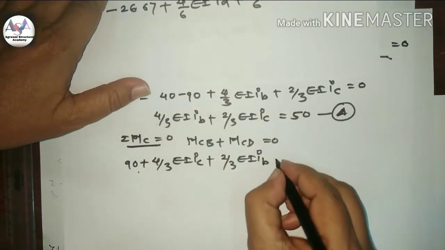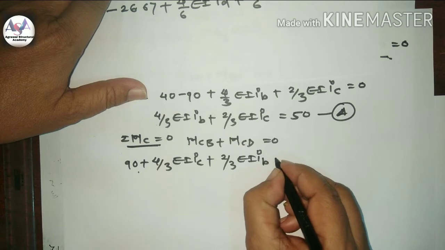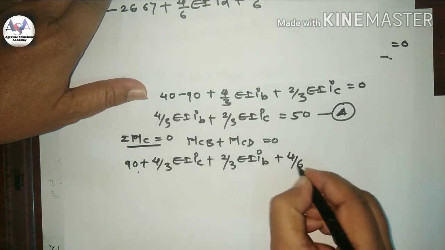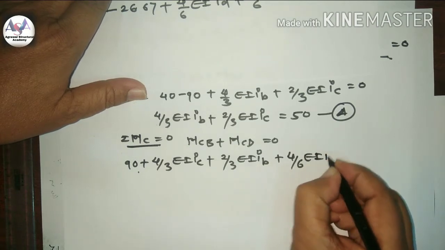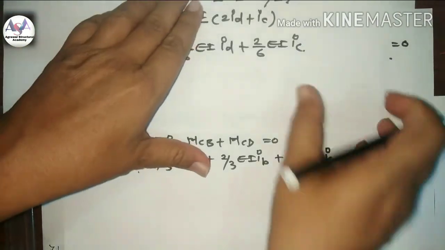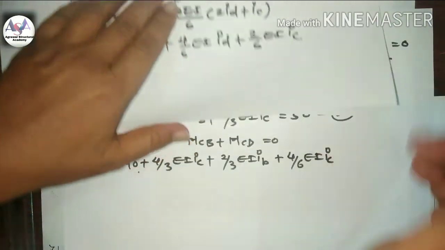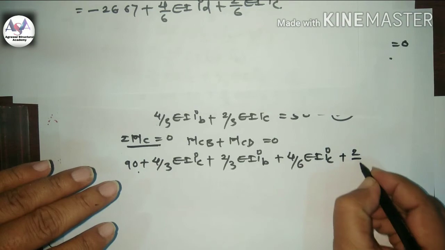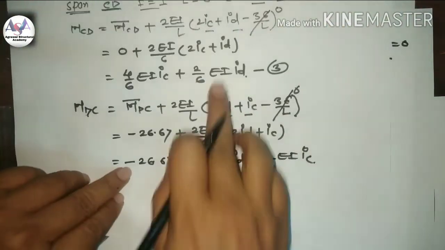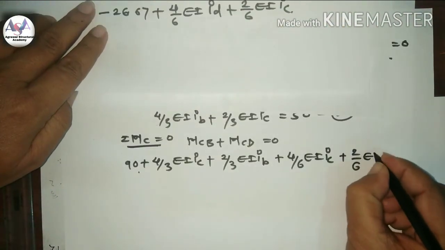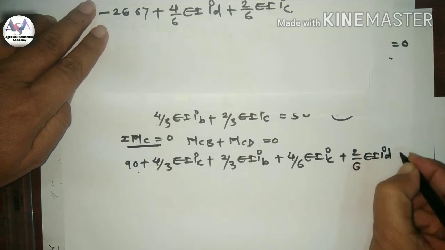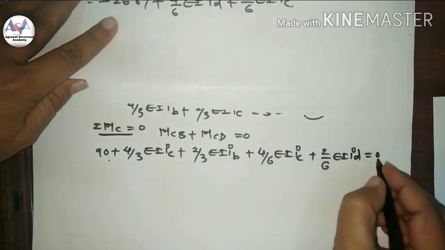M_CD is plus 4 by 6 EI theta C plus 2 by 6 EI theta D. The total is equal to 0.